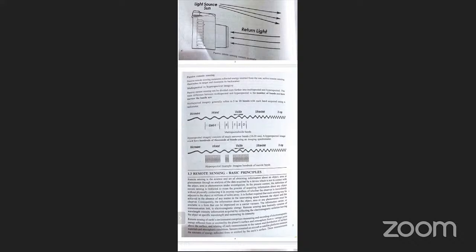The information about any object or phenomenon must be available in a form that can be impressed on a carrier, which is electromagnetic energy. The basic remote sensing data consists of wavelength and intensity information, acquired by collecting electromagnetic radiation leaving the object at a specific wavelength and measuring the intensity.